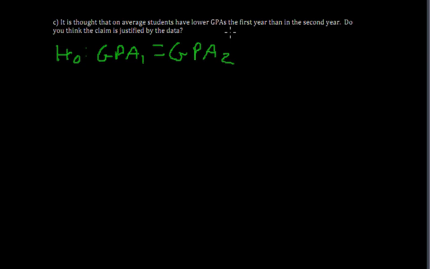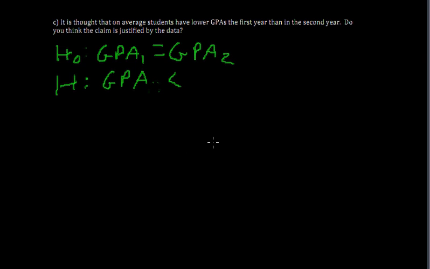Students have lower GPAs in the first year than in the second year. So we're saying the alternative hypothesis is that the first year GPA is less than the second year GPA. So we'll just write that in.